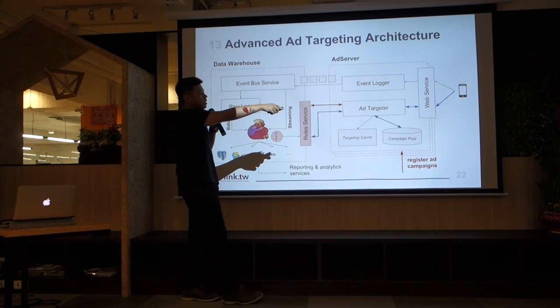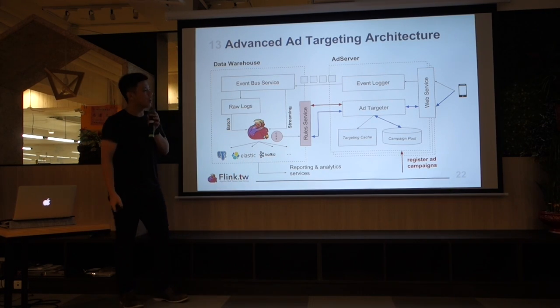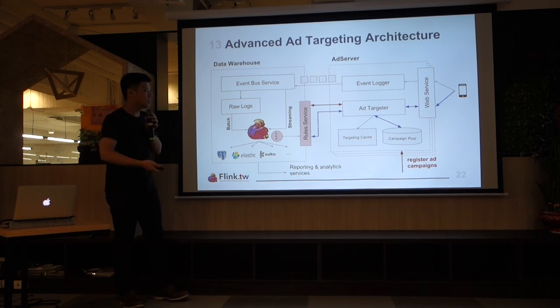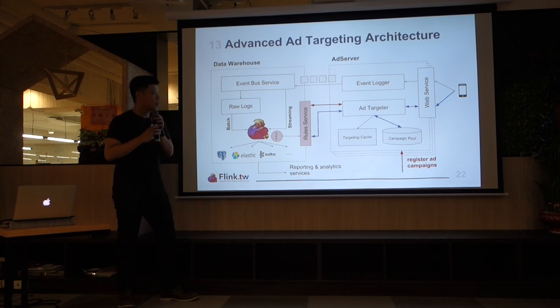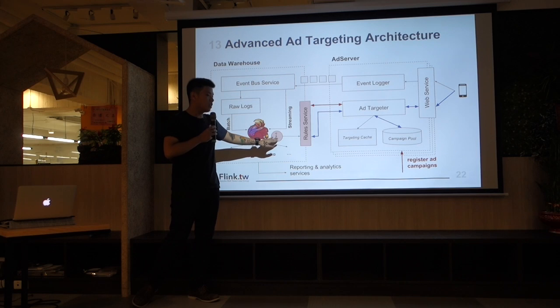And then whenever mobile clients connect, the blue line, whenever mobile clients connect to the web service, say, I want to start fetching ads, the ad targeter can use this user's UID and check whether or not it has fulfilled a particular rule.